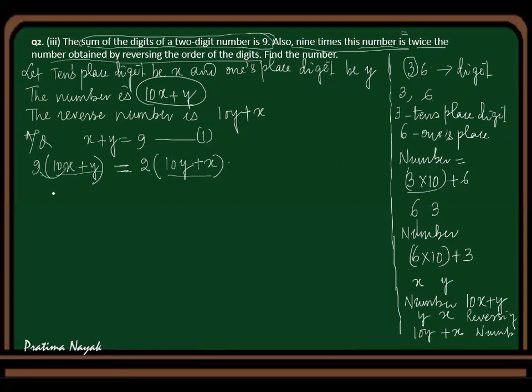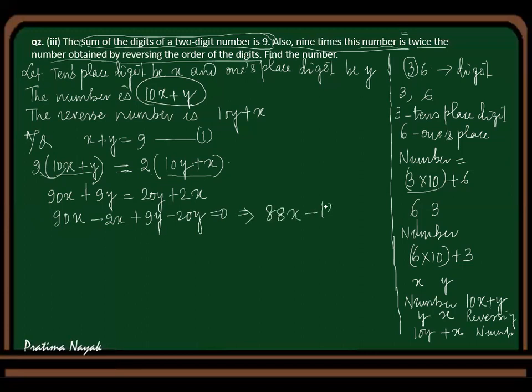Let me simplify. So 90x plus 9y is equal to 20y plus 2x. Taking x and y to one side, 90x minus 2x plus 9y minus 20y is equal to 0. I am getting 88x minus 11y is equal to 0.